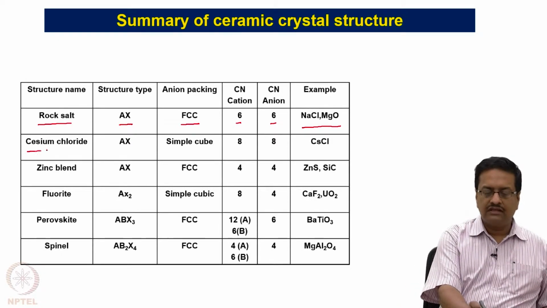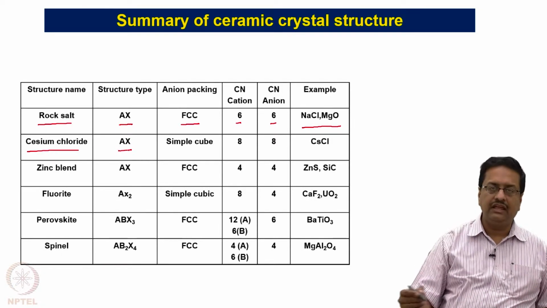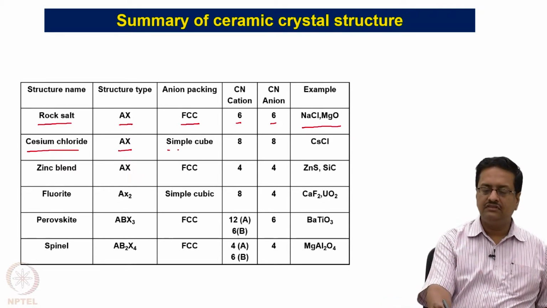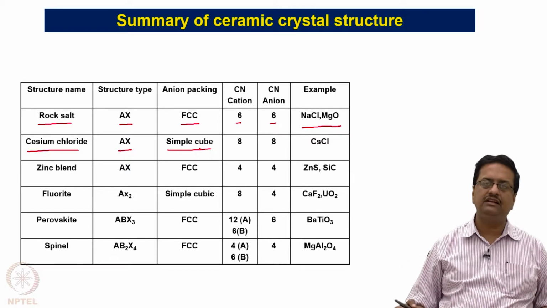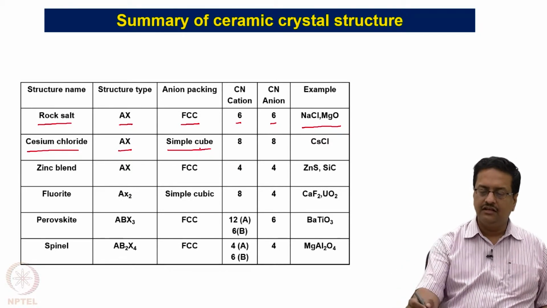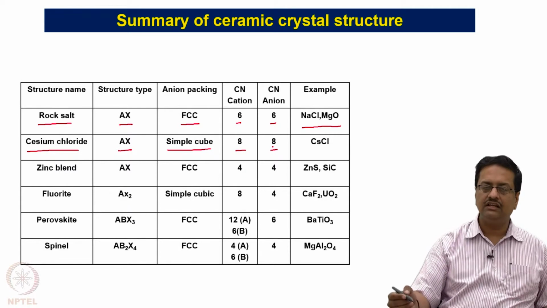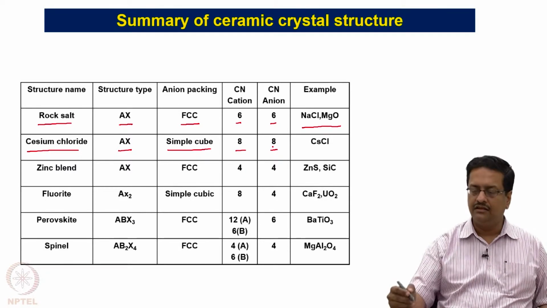The cesium chloride structure is also of type AX, but this is simple cubic, as I already indicated, an interpenetrating simple cubic lattice having 8:8 coordination for both cation and anion.